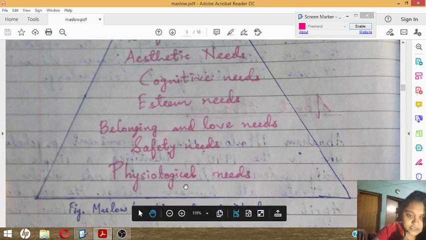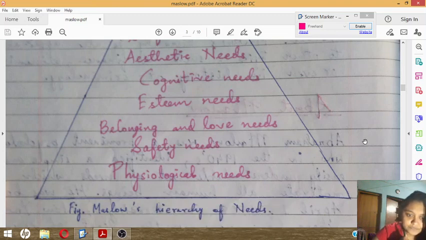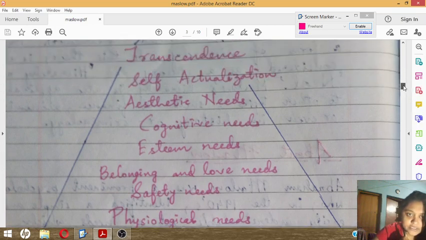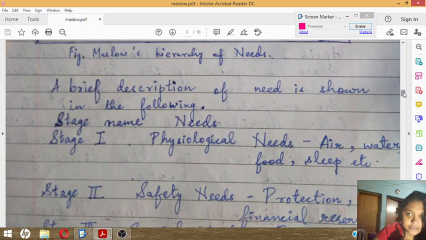First the physiological need is completed, then they move to the second need, safety, then belonging and love. One fulfills one need, then jumps on to the next. So this is a figure of Maslow's hierarchy of needs.